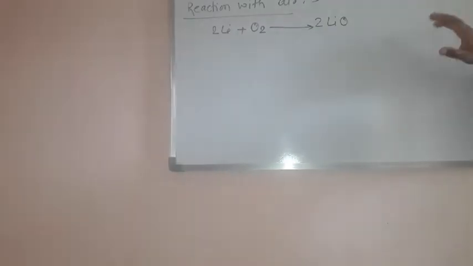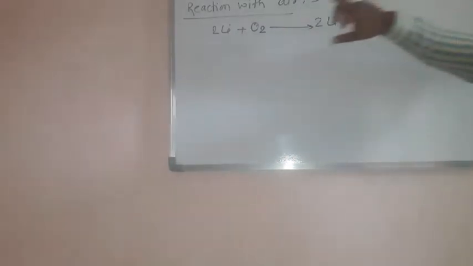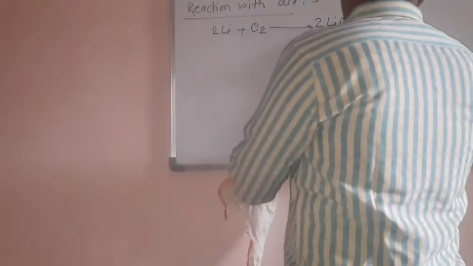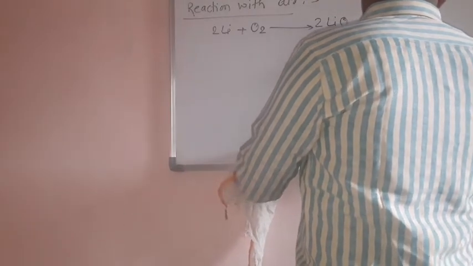Lithium is the second element of group first. When lithium is exposed to the air, it forms lithium oxide.